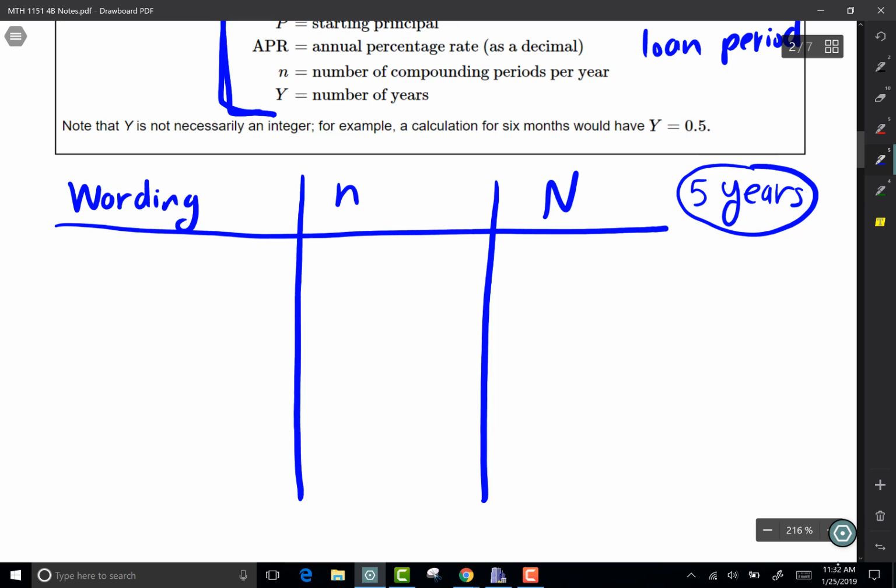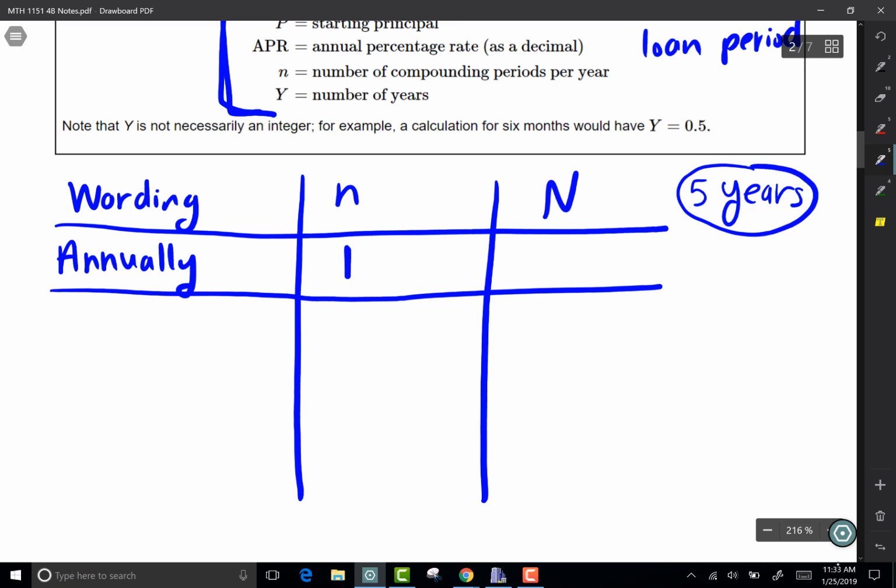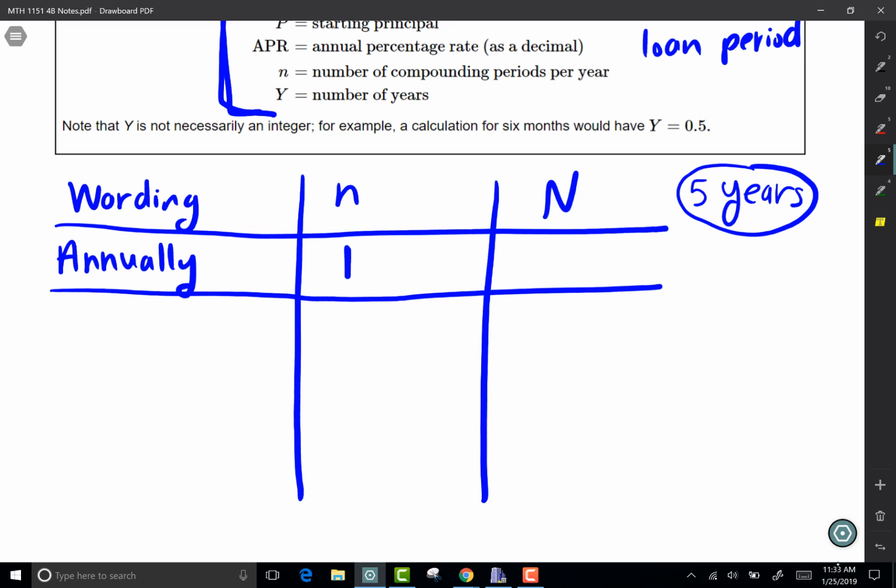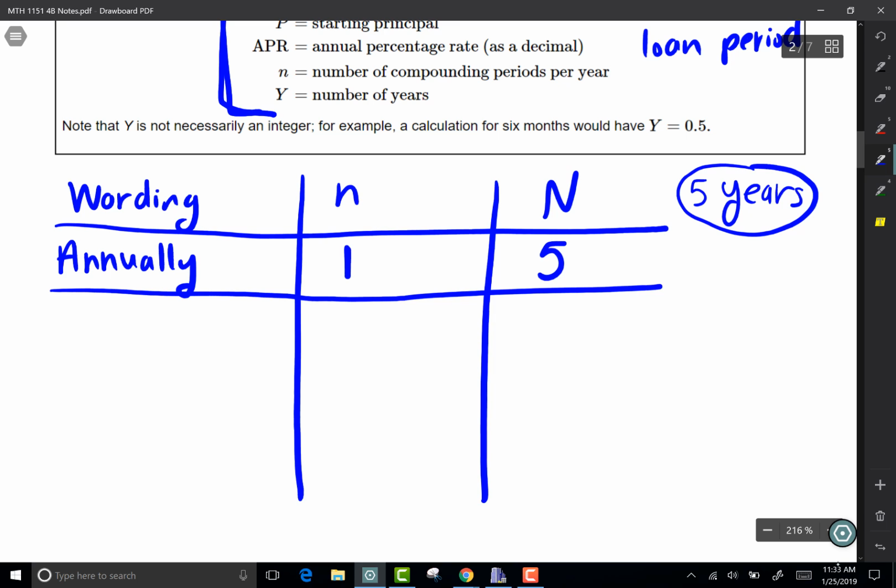If the problem states that it's compounded annually, that means it's compounded one time a year, so little n is 1. Little n represents the number of times it's compounded per year. Big N is the number of times it's compounded over the entire time you have this investment. So if we have this investment for 5 years and it's compounded one time a year, then the total is compounded 5 times. So big N would be 5.